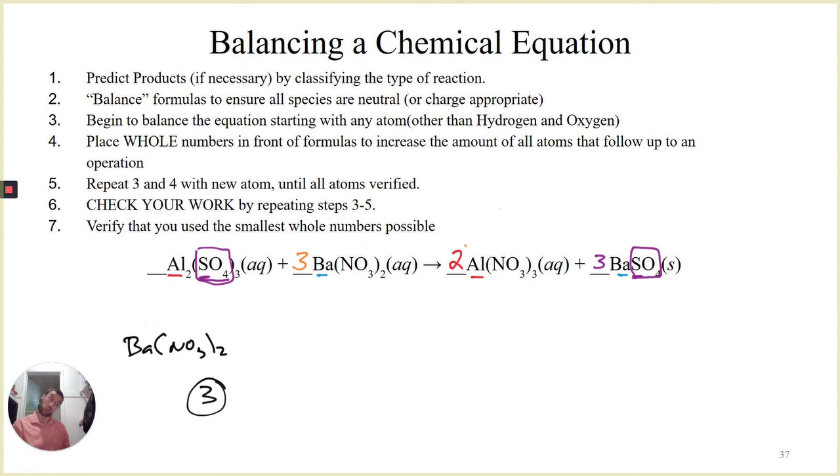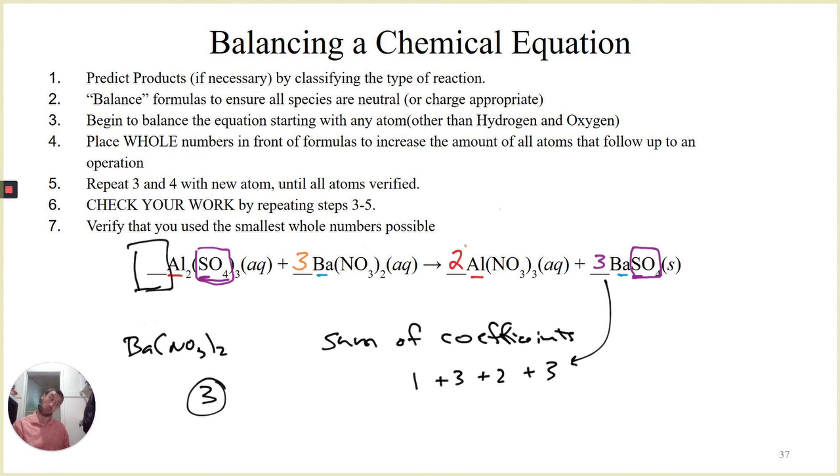I could ask for the sum of coefficients. So that would mean our 3 plus our 2 plus our 3, and then this is usually where it gets tricky, plus 1. Remember, just because you didn't write a number there doesn't mean there's not an implied 1. Do you need to write the 1?